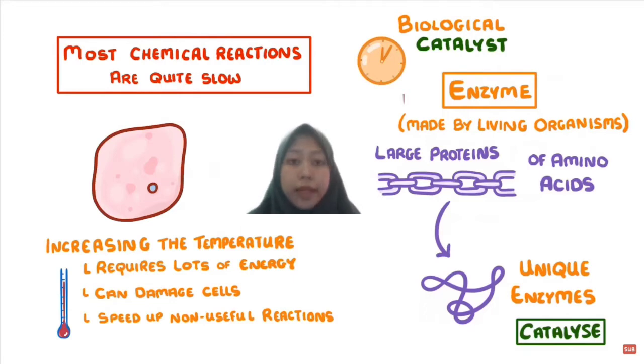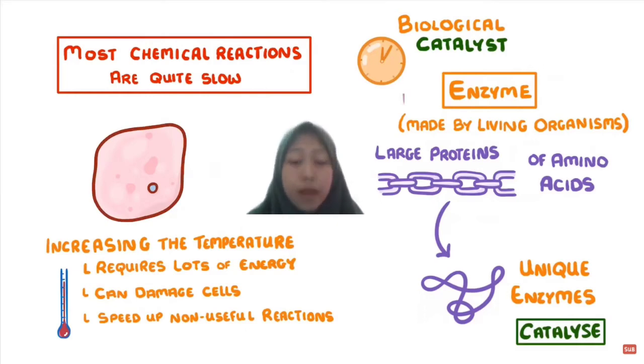A better way to increase the speed of chemical reactions is with a catalyst. We can define a catalyst as a substance which increases the speed of reactions without being changed or used up in the process. It means the catalyst can be used over and over again.